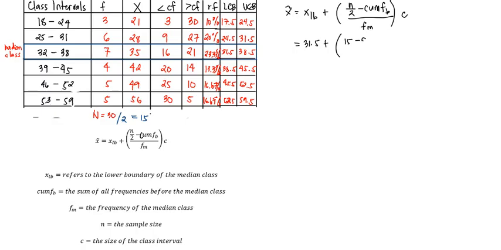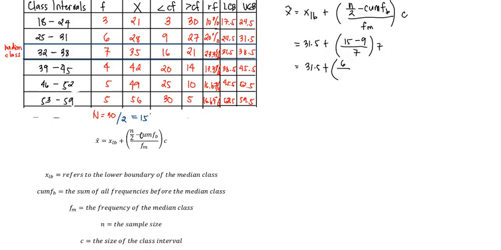It will give you 9, divided by 7. Okay, and that will be 31.5 plus, this is gonna be 15 minus 9, which is gonna be 6.